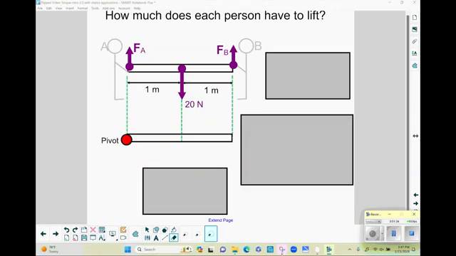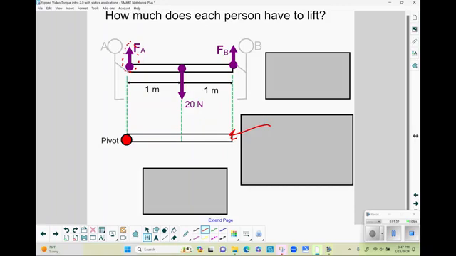The next step is to draw out the torques. I don't have to solve for the torques. I simply just have to draw them out. To do this, I'm going to follow the force acting on the object and have it twist my diagram here, if you will, around that pivot.